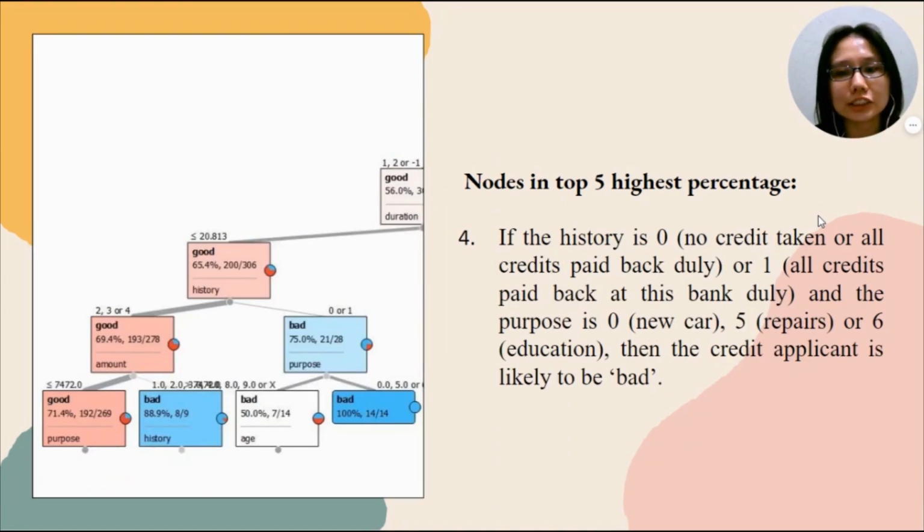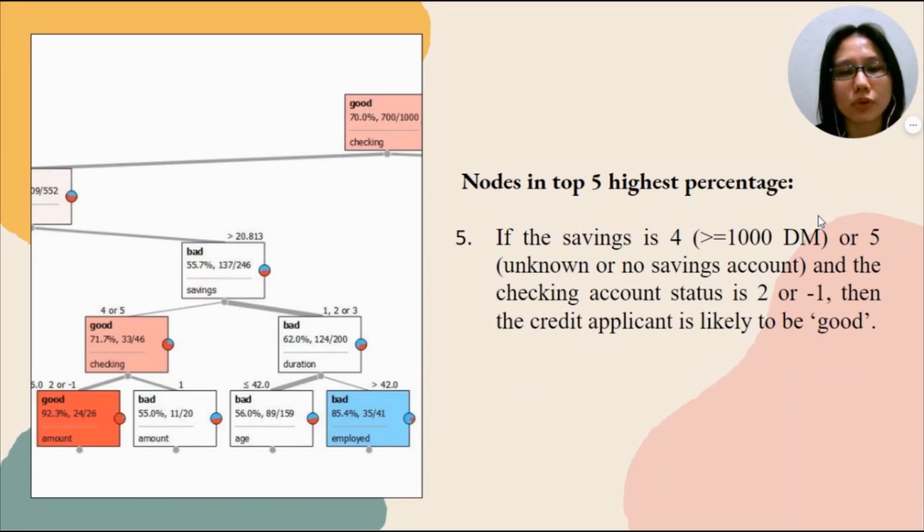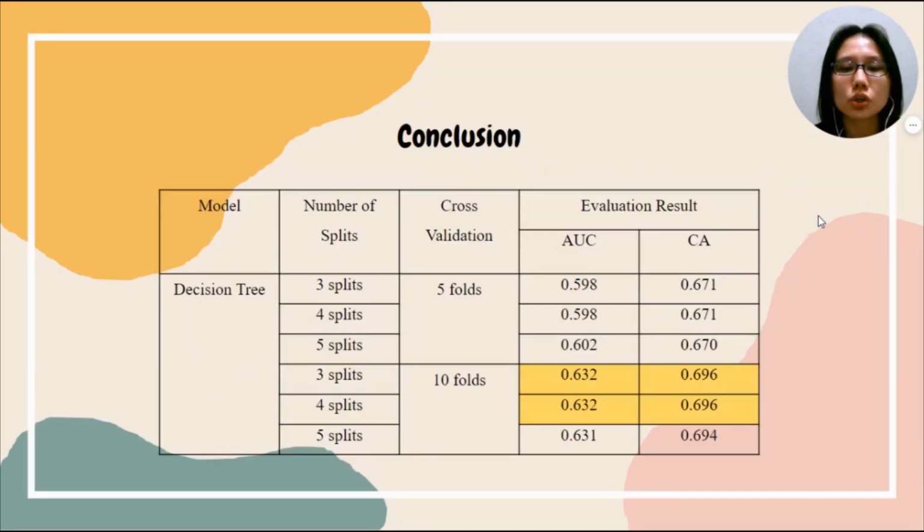If the history is 0 or 1, and the purpose is 0, 5, or 6, then it is likely to be bad. If the saving is 4 or 5, and the checking account status is 2 or -1, then the applicant is likely to be good. The best decision tree model is the one with the highest CA value, which is 0.696, with the number of splits as 3, and with 10 folds of cross-validation.